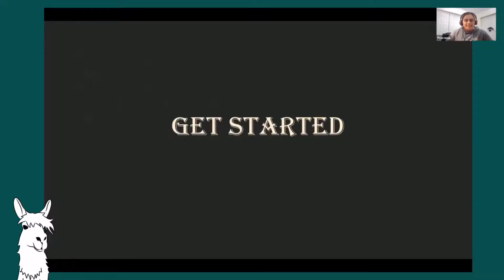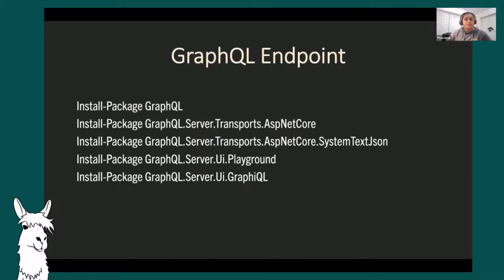So let's get started. For the GraphQL endpoint, the first primary package to have is the transports ASP.NET Core package, which installs the HTTP related stuff to our solution. I'm starting off with an empty ASP.NET Core web application. This package installs the GraphQL package as a dependency, and the GraphQL package is actually the implementation of GraphQL for .NET Core.